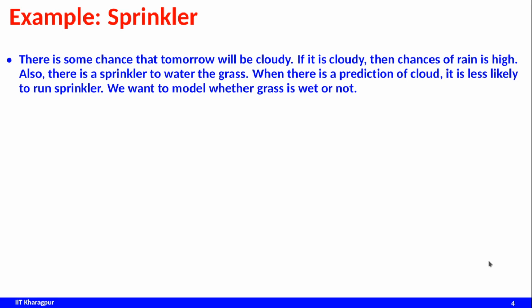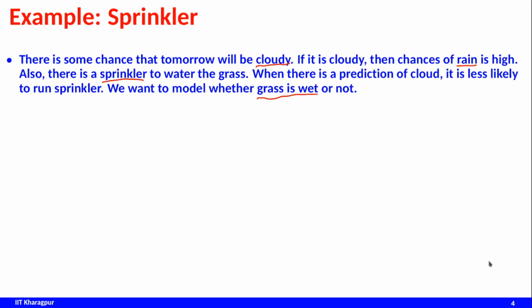So the first thing is, we need to find out the variables. Definitely cloudy will be one of the variables, then having rain is another variable, and I can run the sprinkler. And finally, we have to check whether the grass is wet or not.